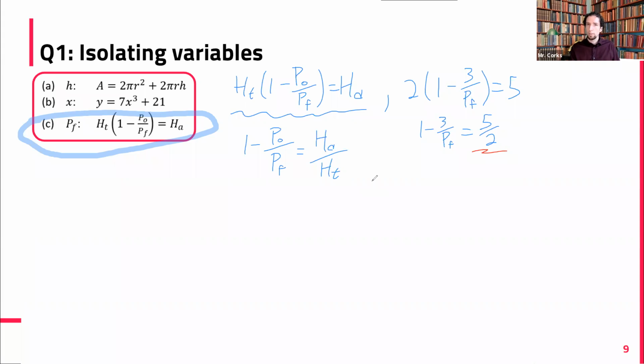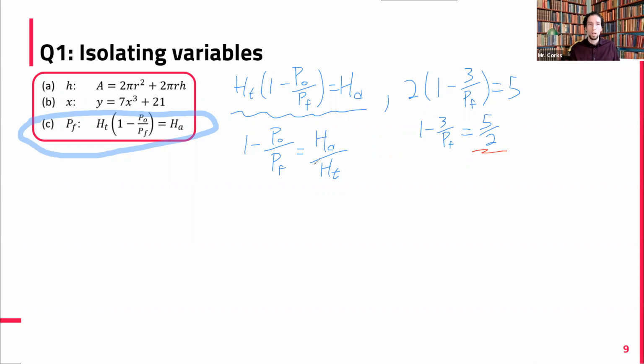This seems simpler to me. We're trying to consider what the goal is. If we're trying to isolate PF, then multiplying HT by both of these things isn't really necessary. It would still work and we could still get a solution, but I think the solution would end up looking a little more complicated than necessary. So it's not wrong, but it's not the simplest thing that we could do.